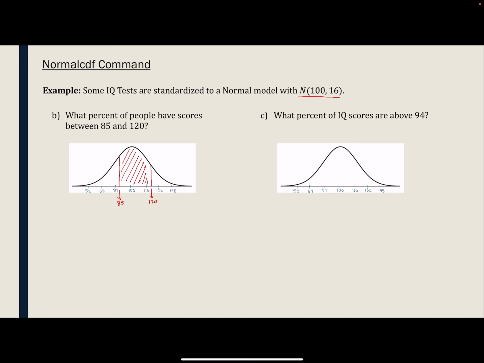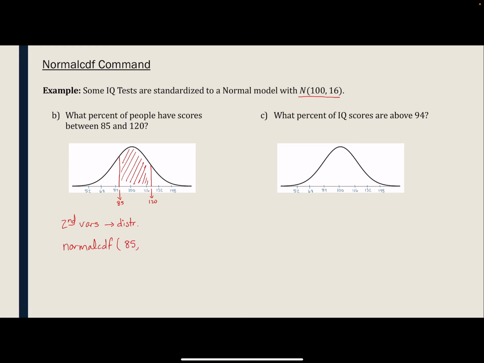So you're going to go to the Normalcdf command. Again, remember that second vars, which is the distribution button. You're going to arrow down to Normalcdf. And this time your lower bound is going to be 85.